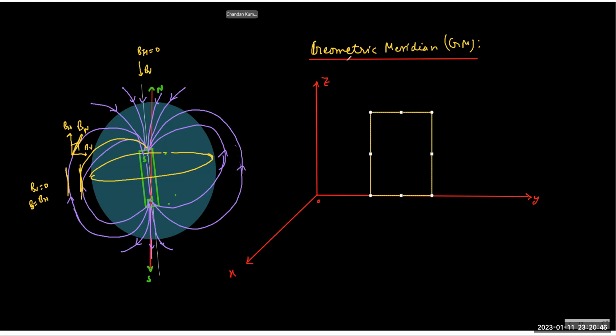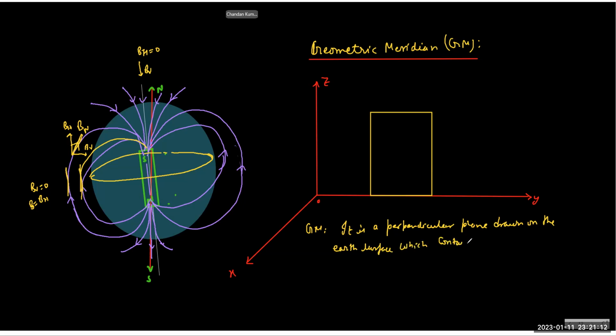So you can say the definition is, it is a perpendicular plane drawn on the Earth's surface which contains the geometrical axis of Earth.